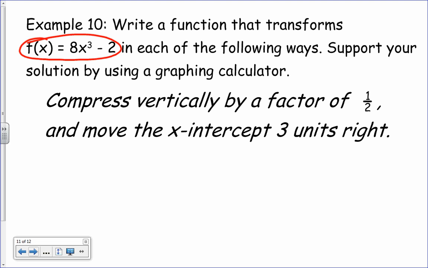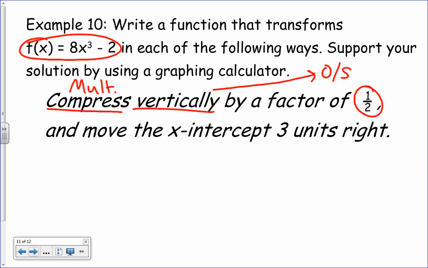Look, our original function has changed. X cubed -2 is our new function. This time it wants us to compress, that means multiply, vertically, that means outside, by 1/2. So that means multiply 1/2 on the outside. So right now we ought to be thinking 1/2 f of something. And this one wants us to move the x-intercept.